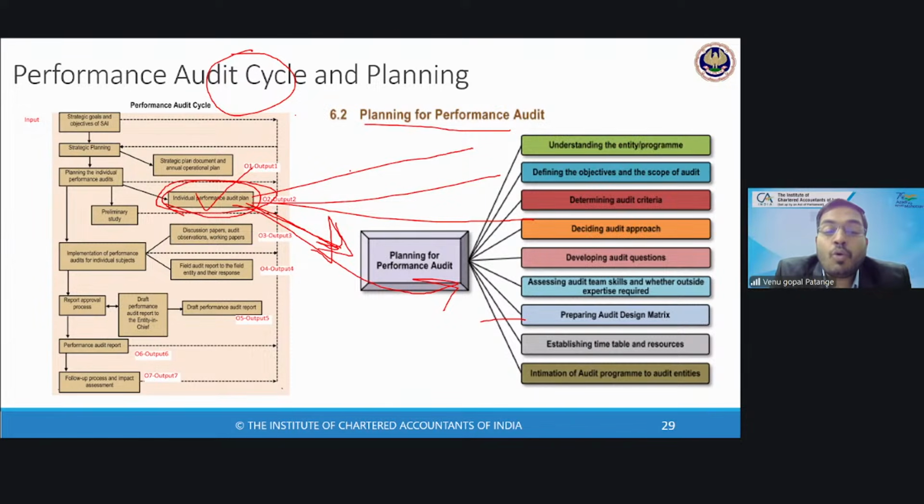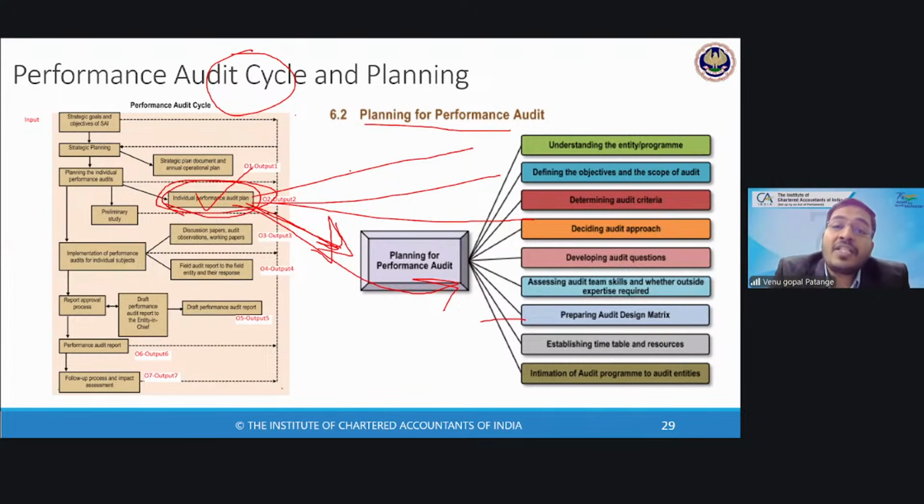We will see questions also with regard to audit criteria. So how do you reach this point? Please recall the journey you have done. You came from types of audit to performance audit to the performance audit cycle.